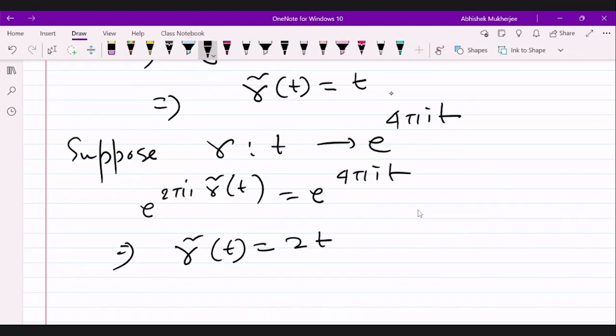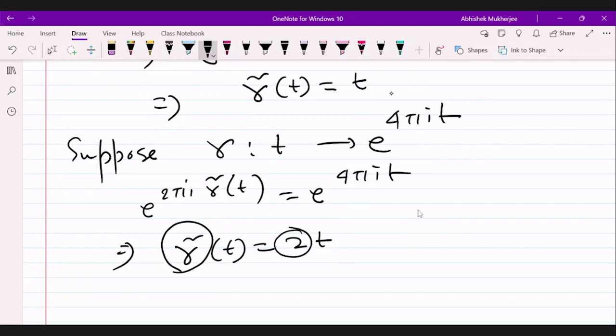That means it begins at 0, ends at 2, right? So this number gives you the number of wrapping of that path around that circle. So this path gamma wraps the circle twice, which is easily viewed by means of this lifting, right?